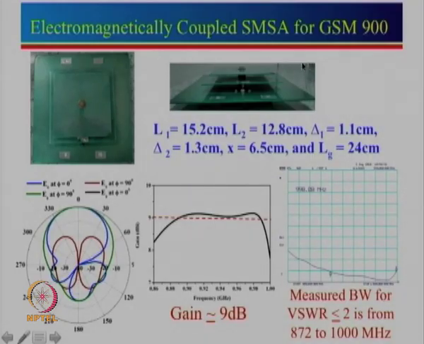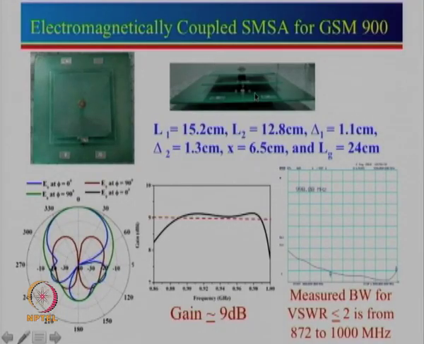Whenever we put a cover, invariably that will reduce the resonance frequency. So, even if the resonance frequency is reduced slightly, it will still cover 890 to 960 megahertz. The way we designed the antenna, whether you put a cover or not, it will work in either situation.